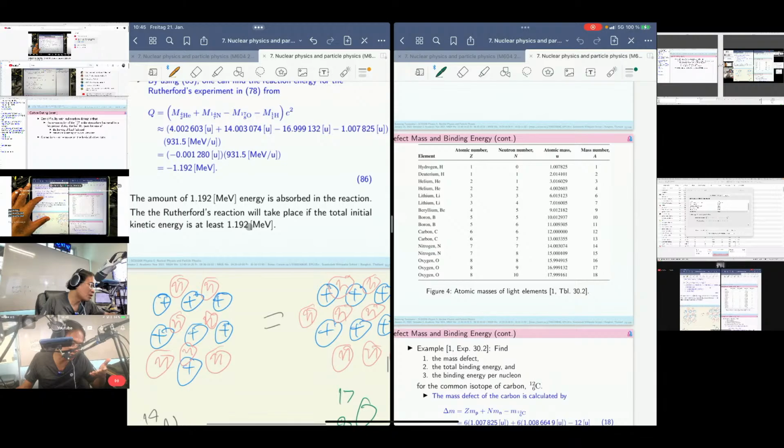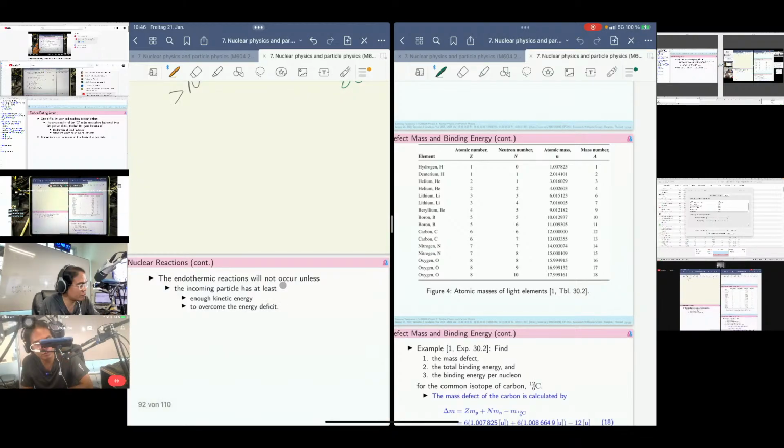And yeah, the process by Rutherford is endothermic, which means the negative value for the kinetic energy. An endothermic reaction will not occur unless you accelerate that particle with at least this value, so that they can have enough kinetic energy, and this kinetic energy will be absorbed to make the composition like this.